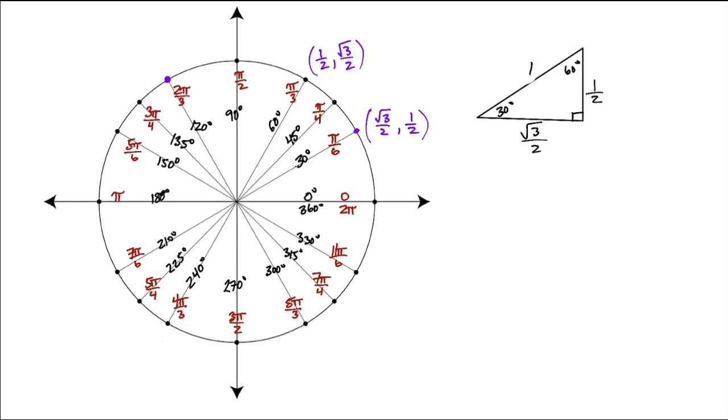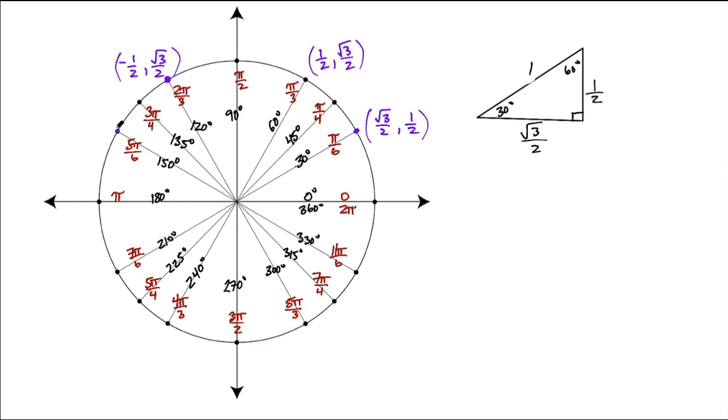That has a reference angle of 60 degrees. So the x and y coordinates are actually going to have the same numbers as I have here, but I might have some positives or negatives, right? So I just write those numbers and then decide what's negative, what's positive. Well, over here, I can see that the x coordinate is negative. So that's going to be a negative 1/2. The y coordinate is positive.